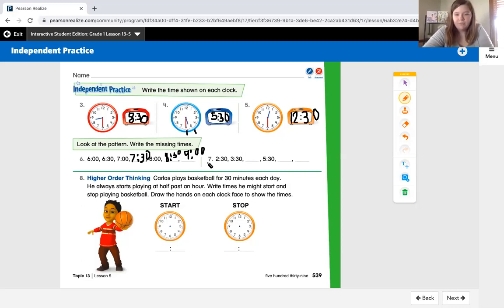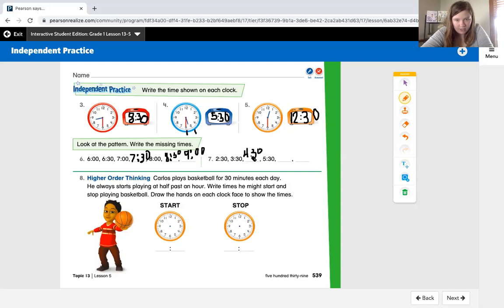All right, next we have a new pattern set. 2:30, 3:30, blank, 4:30, blank, blank. I noticed between these two numbers that it's moving up by an hour on the 30. So 2:30, 3:30, 4:30.